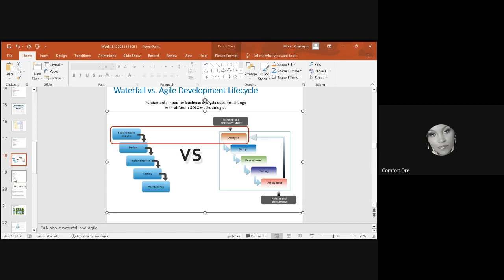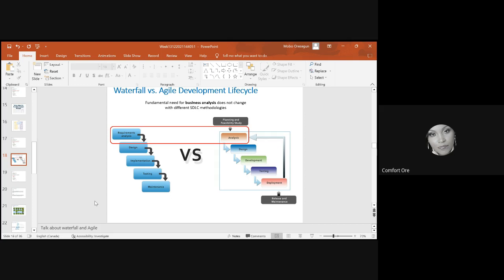Now, a lot of organizations insist that they're 100% agile, or some might say they're waterfall. I haven't seen one, to be honest with you. I haven't seen an organization that is 100% waterfall or 100% agile. Maybe tomorrow I get a new position and I see 100% agile.